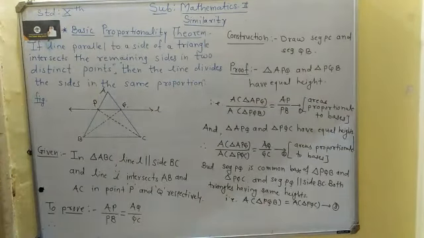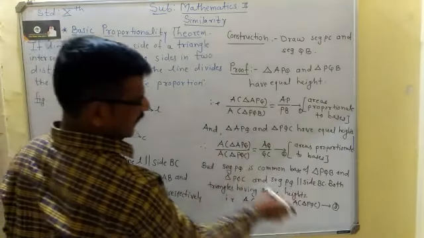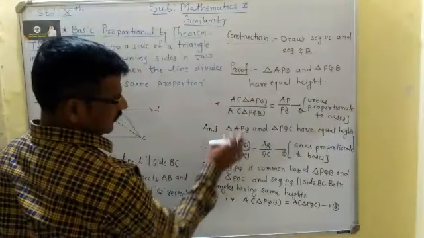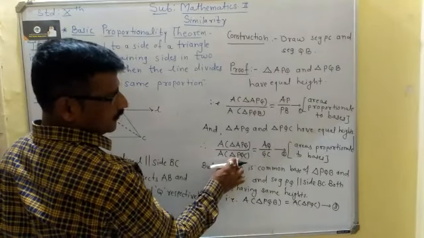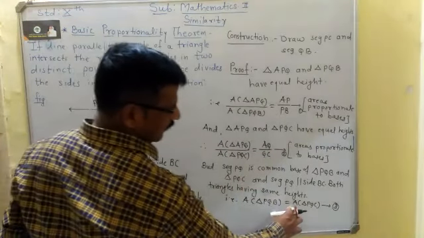From equations first, second and third, look here: area of triangle PQB and area of triangle PQC are equal.